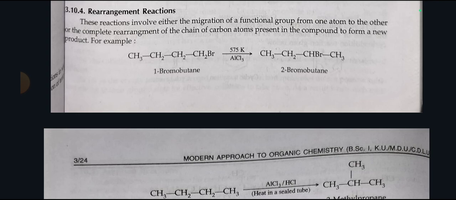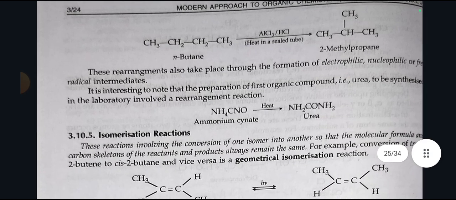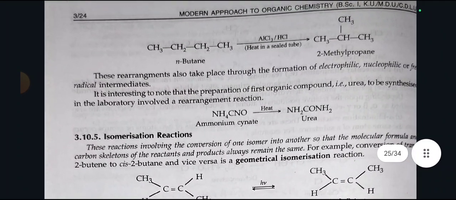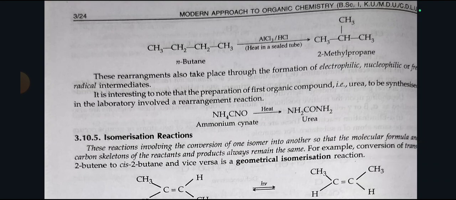For example, CH3CH2CH2CH2Br, 1-bromobutane, in presence of AlCl3 at 575 Kelvin gives CH3CH2CHBrCH3, 2-bromobutane. CH3CH2CH2CH3, butane, in presence of AlCl3 and HCl, heated in a sealed tube, gives CH3CH(CH3)CH3, 2-methylpropane.